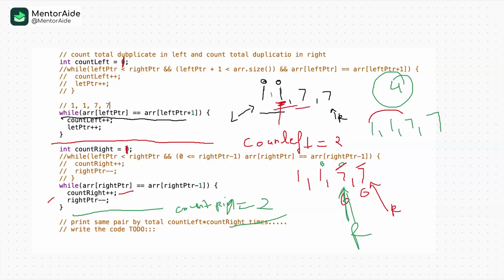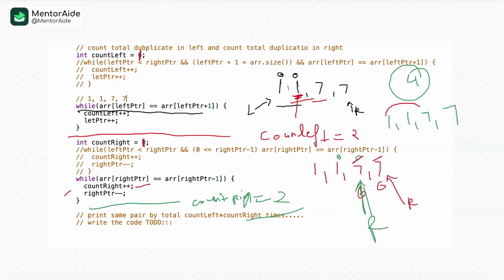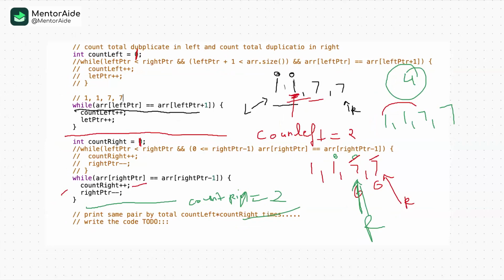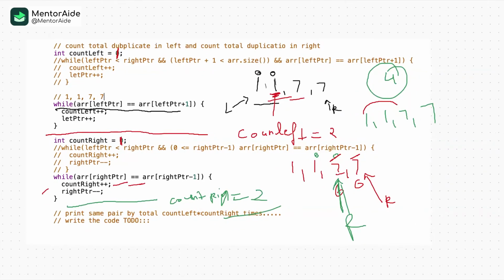Remember, the right pointer always decrements, so whatever we are going to do will be backward. Since this 7 is equivalent to this 7, wait, let me move this screen backward. The count will be incremented here, and the right pointer will be moved to the new right, which is this one.